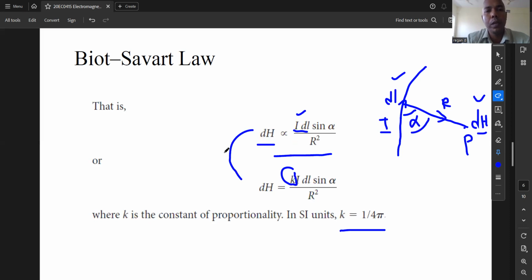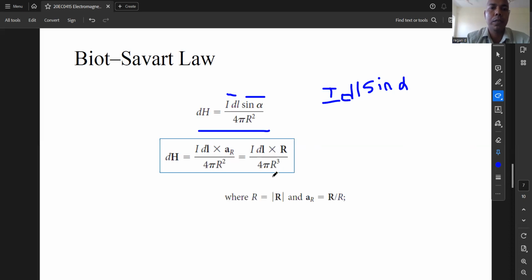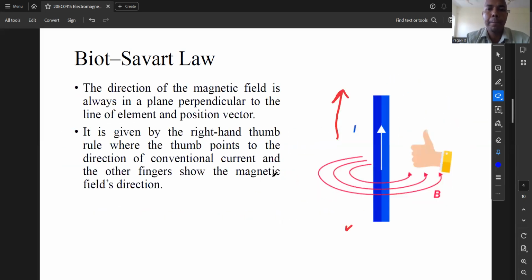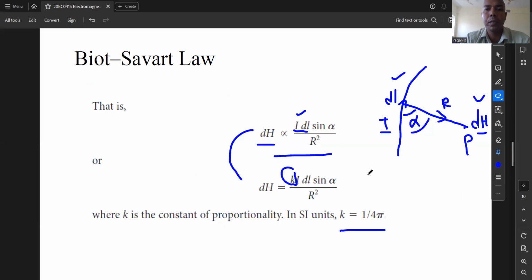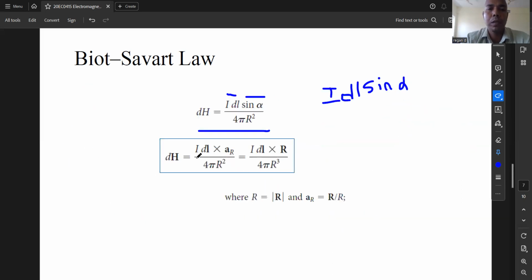What will be the two parameters in this cross product? Here we take I dL, and one more is the vector aR.